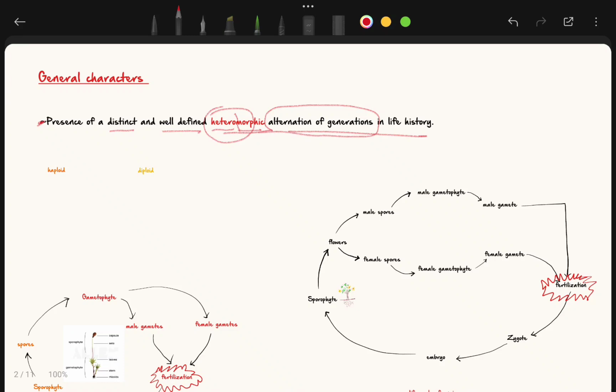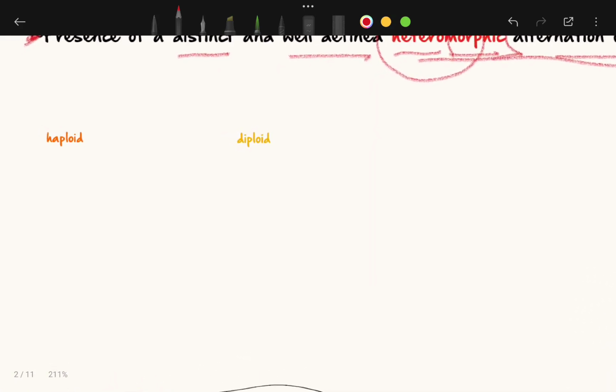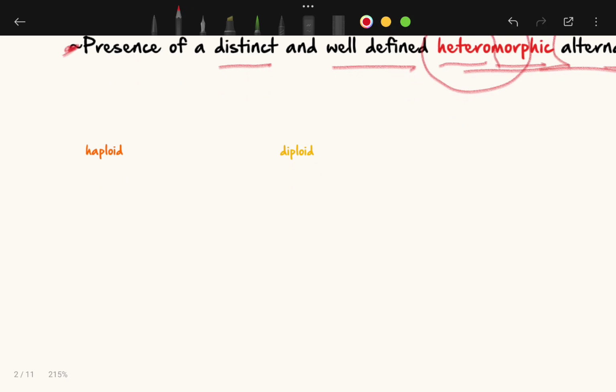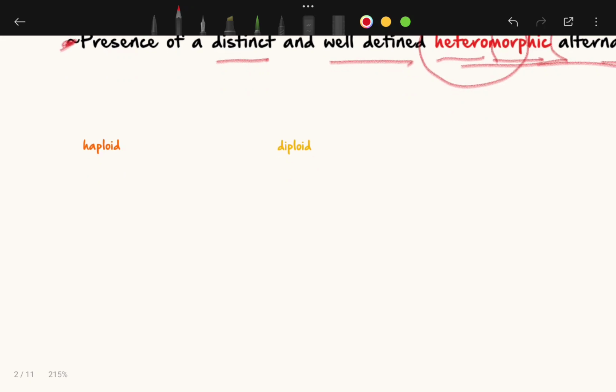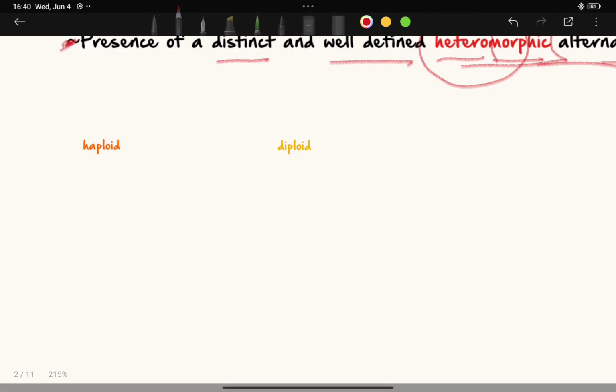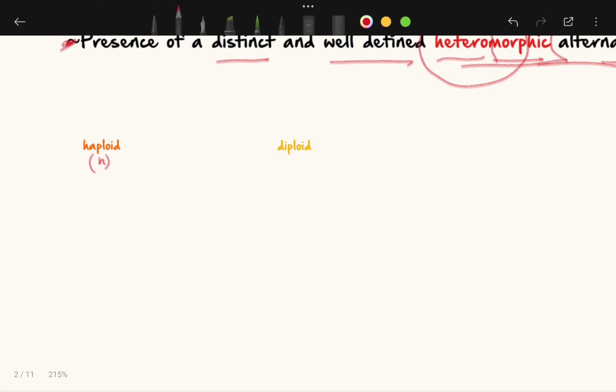So in order to understand this, let's take the life cycle of plants in general. Plant life consists of two stages, haploid and diploid stage. The haploid stage has one set of chromosomes, and the diploid stage has two sets of chromosomes.